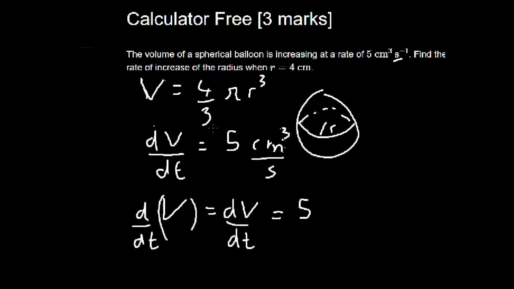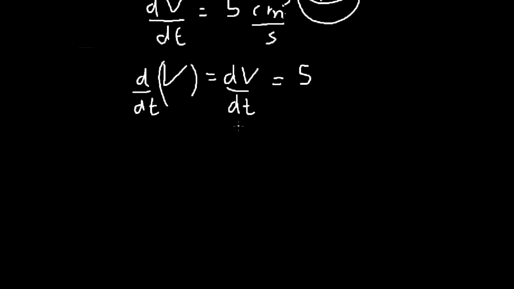But if we scroll a little bit further down and we try and differentiate with respect to time, our 4 on 3 pi r cubed, there's no t in there. What? So it becomes a composite function, and we need to use the chain rule. So we differentiate this with respect to the radius first.